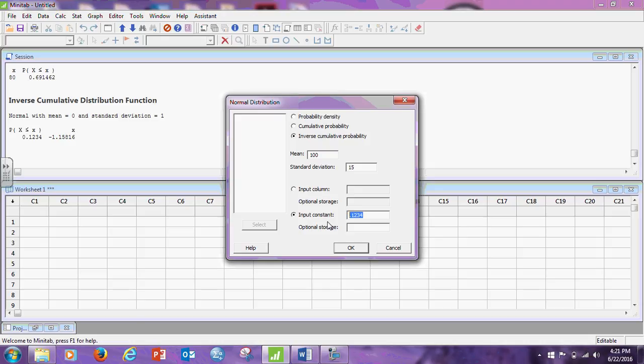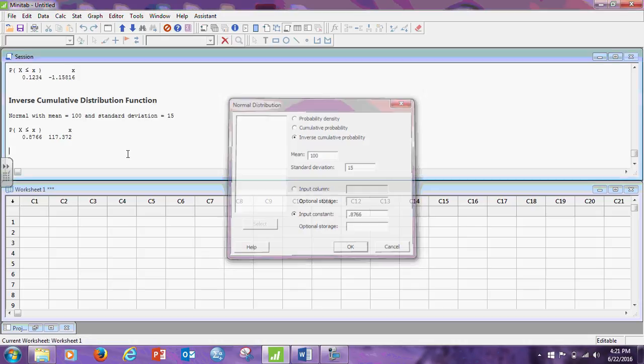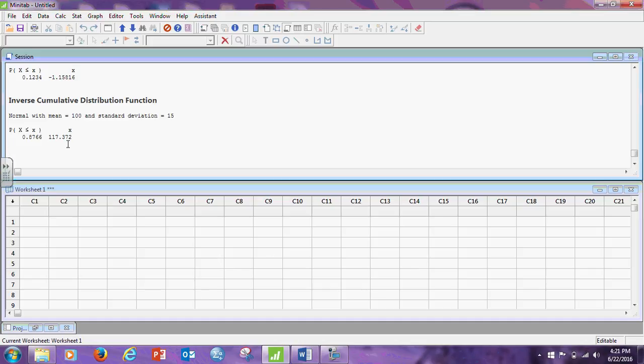So 1 minus 0.1234 is 0.8766. This is the area to the left. If 0.1234 is the area to the right on the bell curve, then the area to the left is 0.8766, or 1 minus 0.1234. So the answer is 117.37. We usually round values to 2 decimal places and probabilities to 4 decimal places.